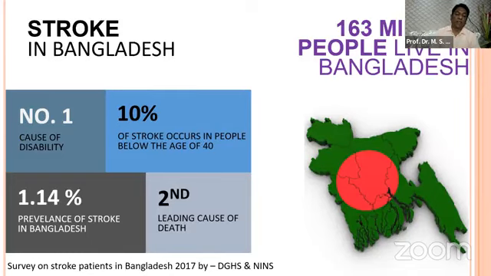This is alarming for us. 10% of strokes occur in people below the age of 40. That is, young stroke is 10%. It is more than in other countries of the world, and the prevalence is very high in Bangladesh. In a neighboring country, India, the prevalence is 6.74%.